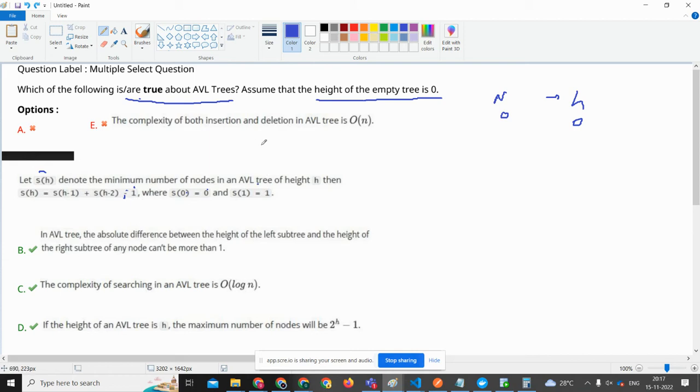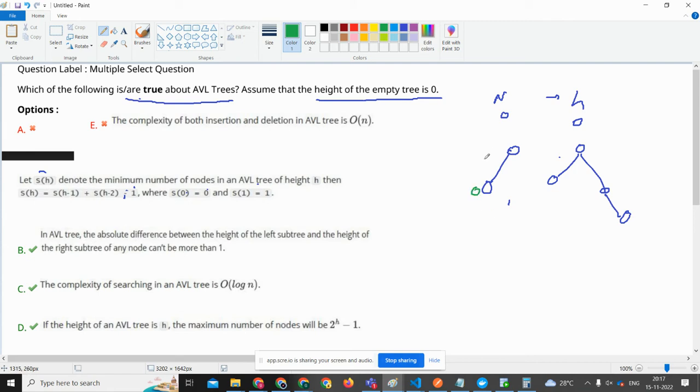Coming back to the point, just to give you a short intro about the AVL tree: an AVL tree is a balanced tree, right? You should remember this, and we'll see the balance factor, the slope. Uma, do you remember calculating the slope?